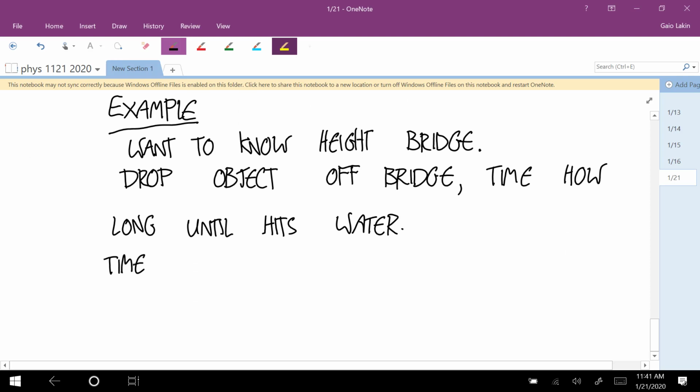Okay, so let's say that you time it and it takes 0.80 seconds. How high is the bridge?